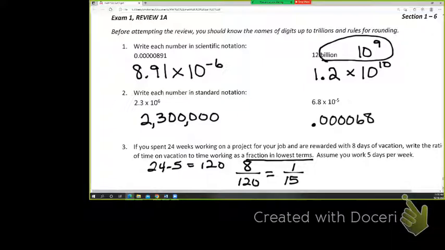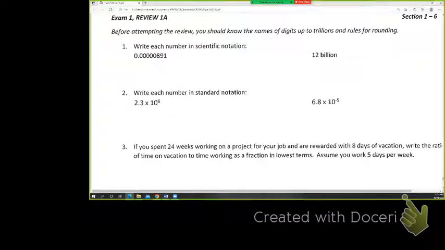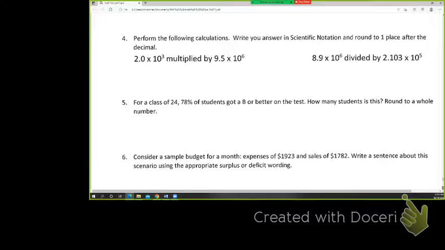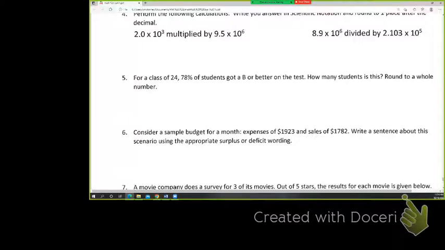Then we also may have to do some adjustments with scientific notation, like multiply and divide with scientific notation. So we could change them both to regular numbers, but if your answer needs to be in scientific notation, that's a lot of extra work.